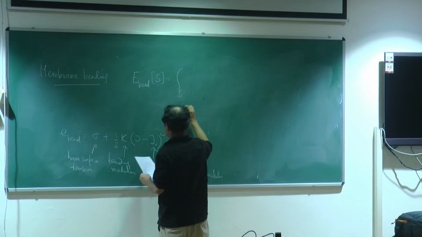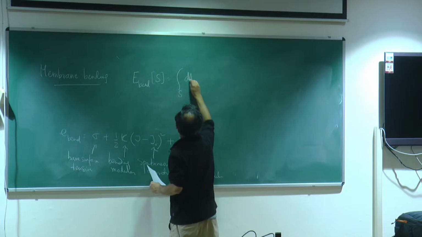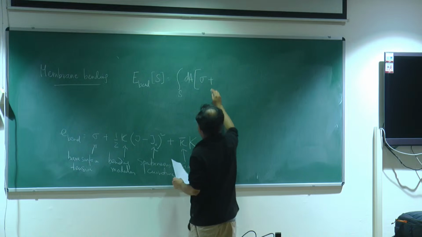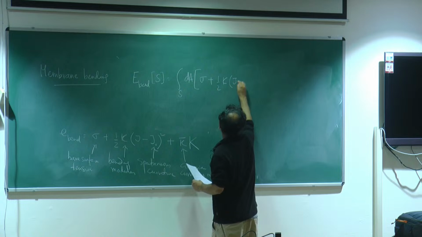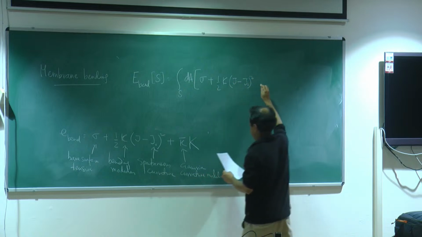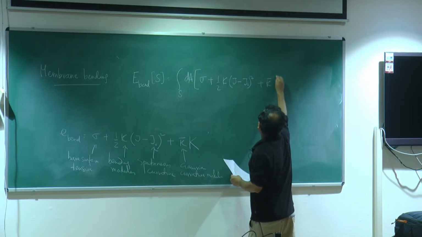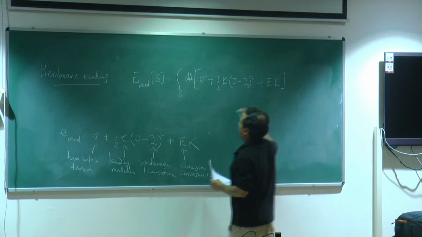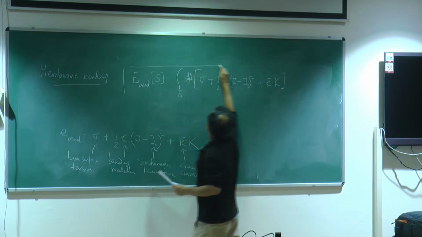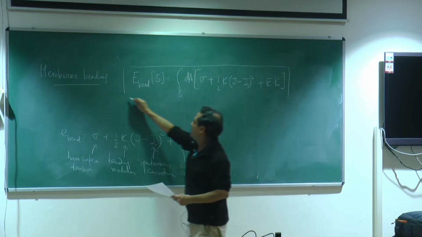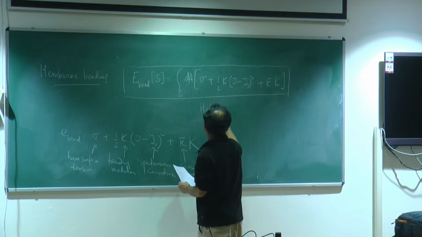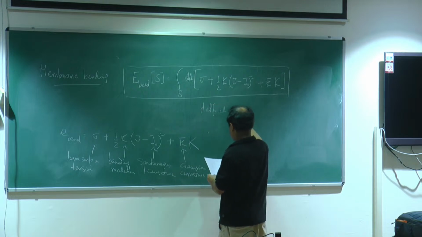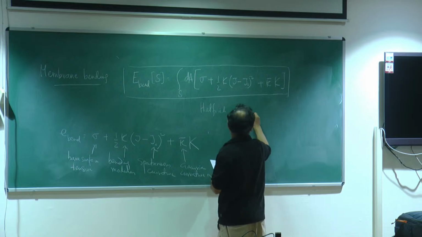This will be dA, and then I have sigma plus half kappa (J minus J0) squared plus kappa bar K, and this is called the famous Helfrich energy, or Helfrich functional, energy function.